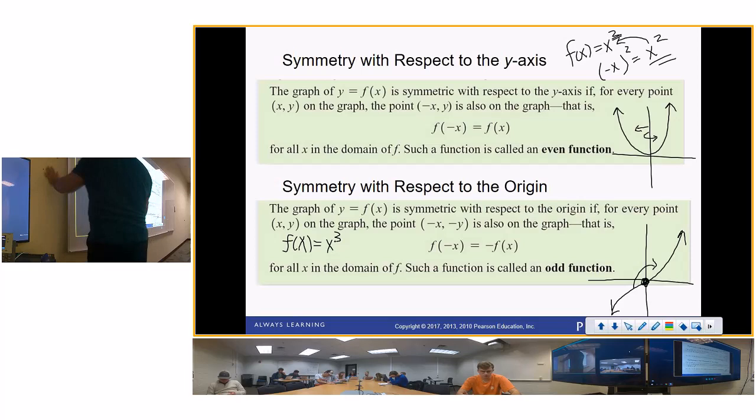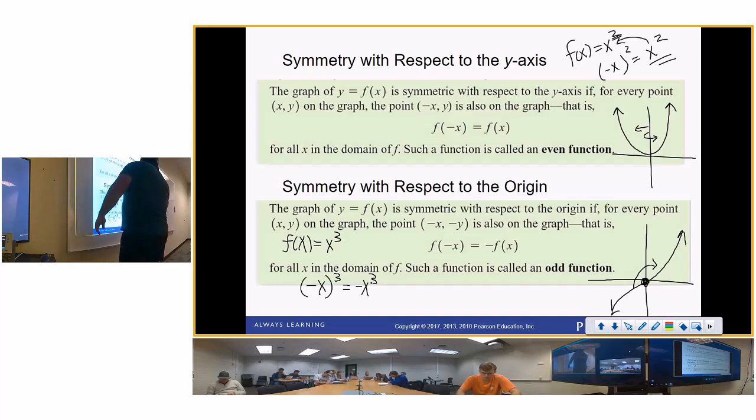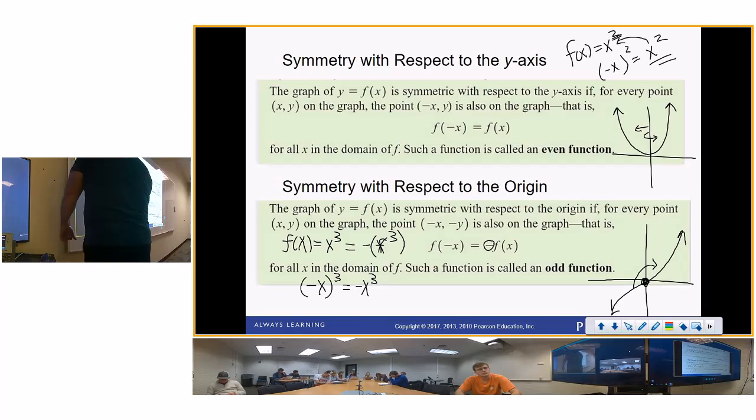Now, plug in negative x. Negative x raised to the third power is equal to negative what? X cubed. What do I get if I put a negative in front of f of x? I get negative x cubed. So do they equal each other? Yes.